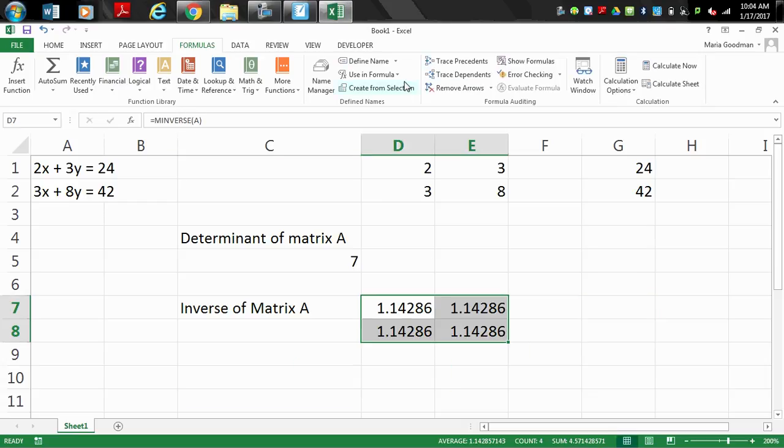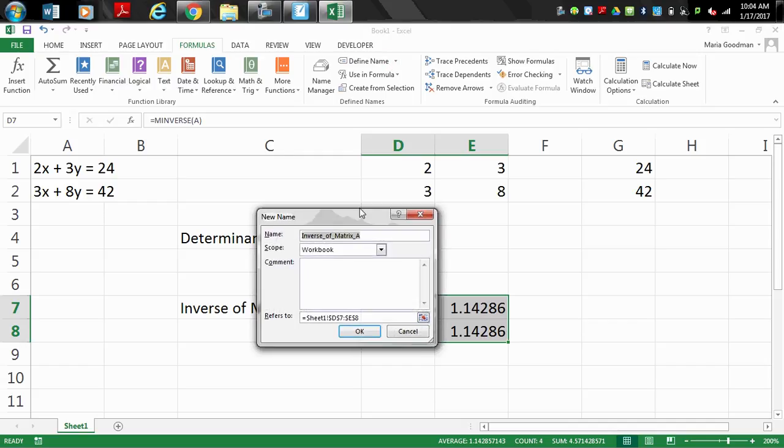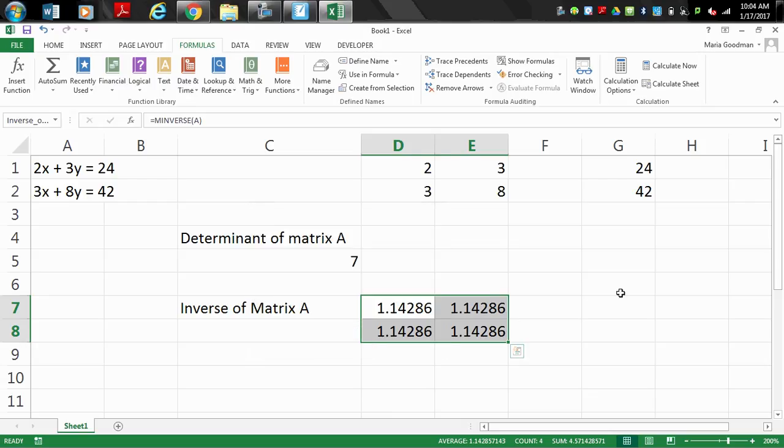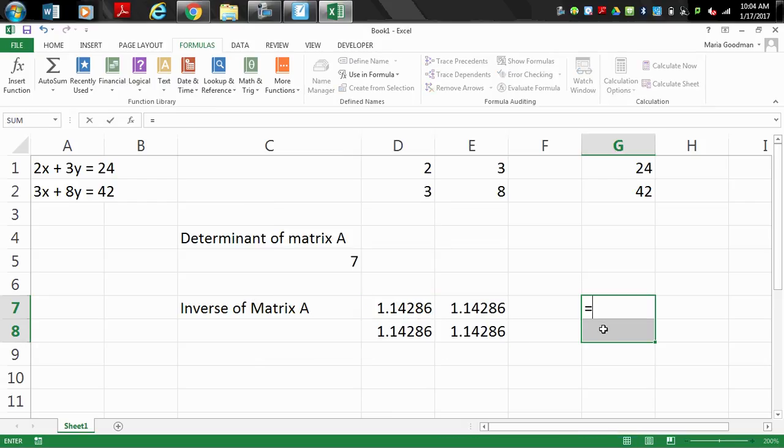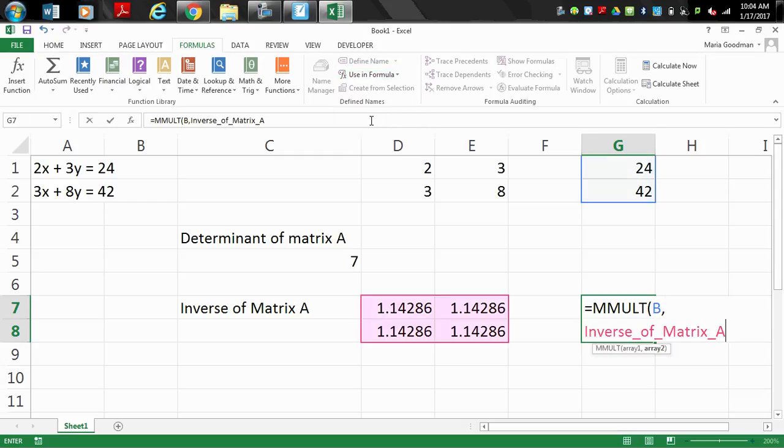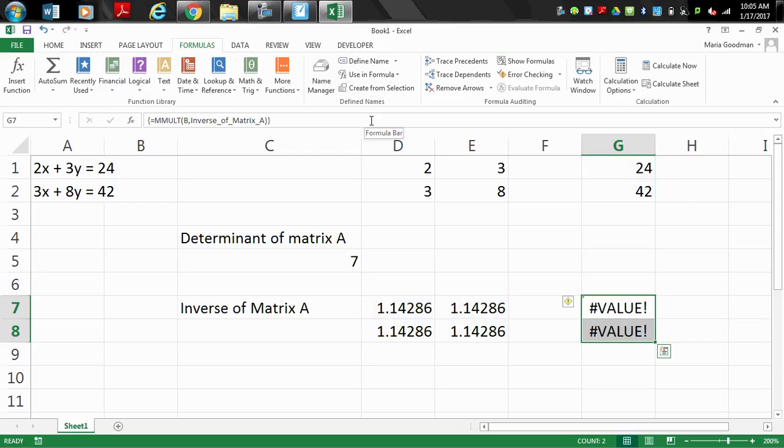Define name. I'm going to call it inverse of matrix A because that's what it is. Equals MMULT, B, comma, inverse of matrix A, close your parentheses, Control Shift Enter, and if you hit it at exactly the right time, it'll get you the answer.